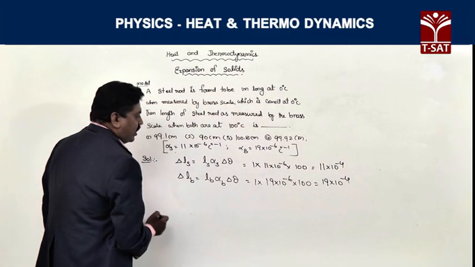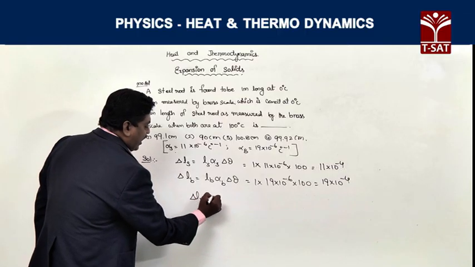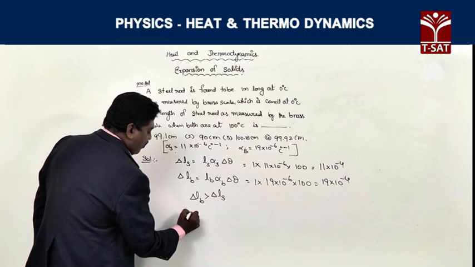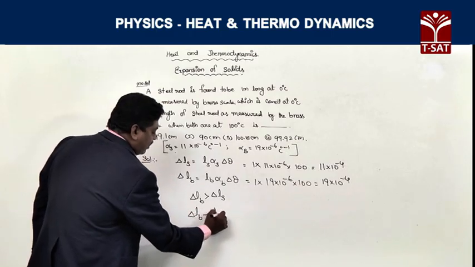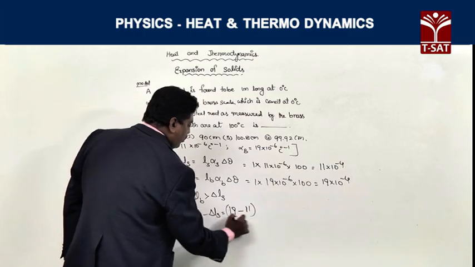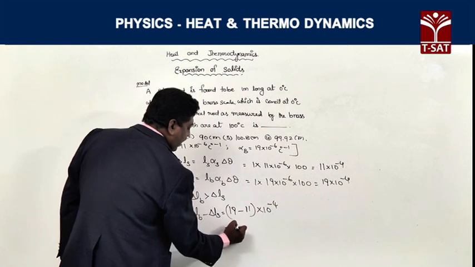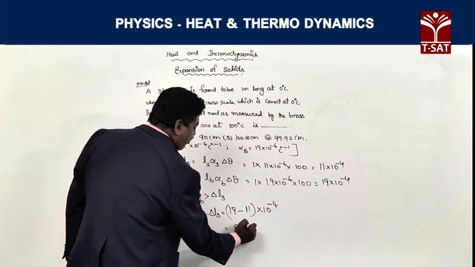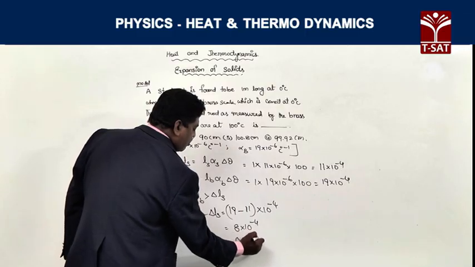From these values, we understand that delta Lb is greater than delta Ls. Then the difference between delta Lb and delta Ls is (19 minus 11) into 10 to the power of minus 4, which is 8 into 10 to the power of minus 4, and we obtain it as 0.008.